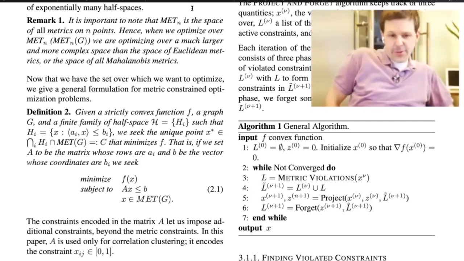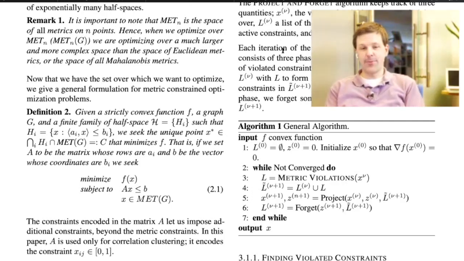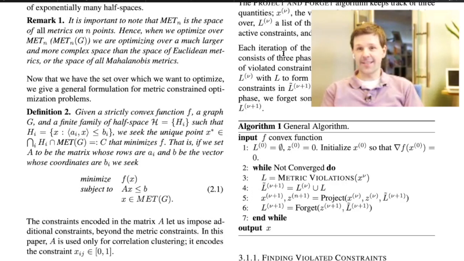So looking prospectively a little bit more, the next thing people want to solve after they have some good techniques to solve something like LPs in this setting is SDPs, semi-definite programs. Is there some belief that some of these techniques might extend to solving semi-definite programs as well?